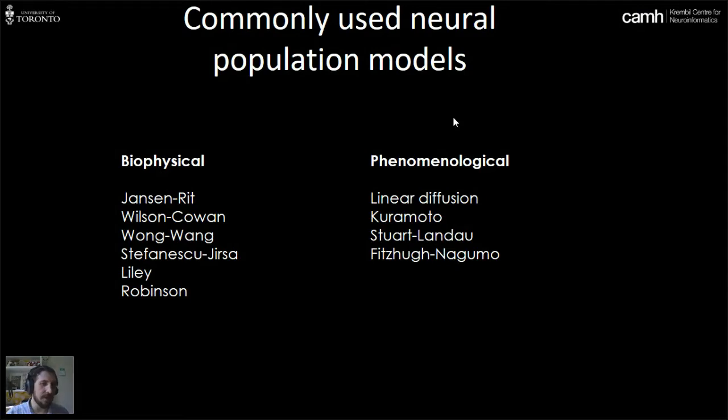This is not a perfect categorization either, as I think of it more as a continuum, but this is often how you see things described: biophysical, or biophysically based, or biophysically motivated neural population models, versus more phenomenologically motivated neural population models.